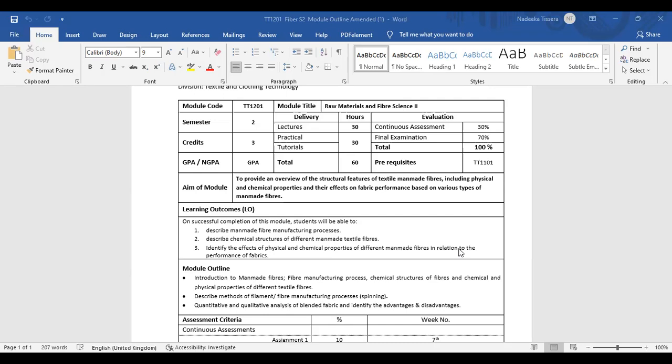You cannot even find the two ends. When you start spinning, you basically wind it onto a spin cone, and then you end it. So it's very long, continuous. But natural fibers are staple fibers. They are not very long.